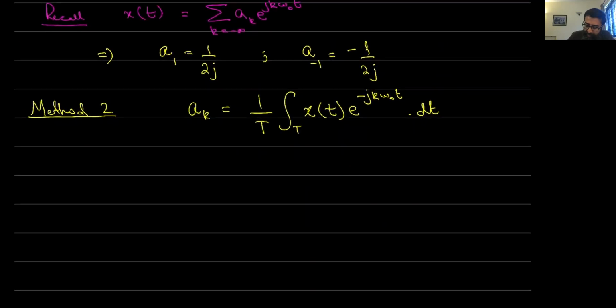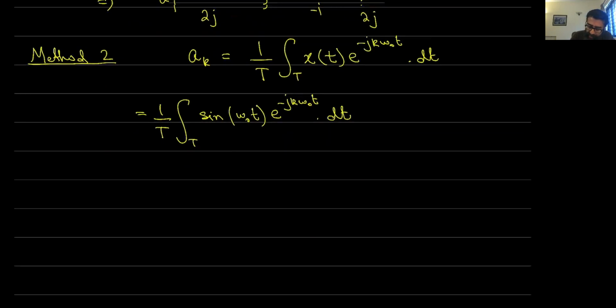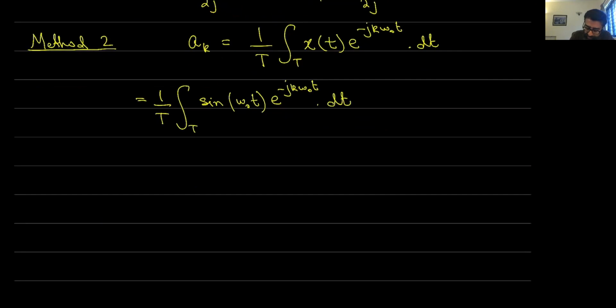And plugging in x of t as being equal to sine omega naught t over here, what I get is 1 upon T integral of sine omega naught t e raised to power minus j k omega naught t dt. And what I can do next is just to use Euler expansion once again.